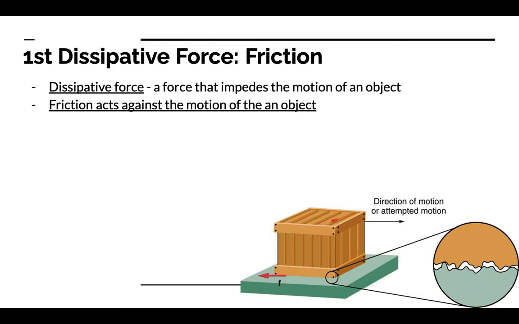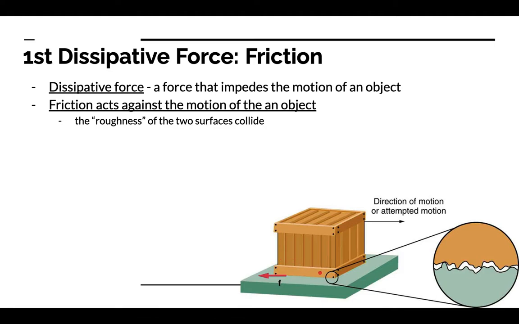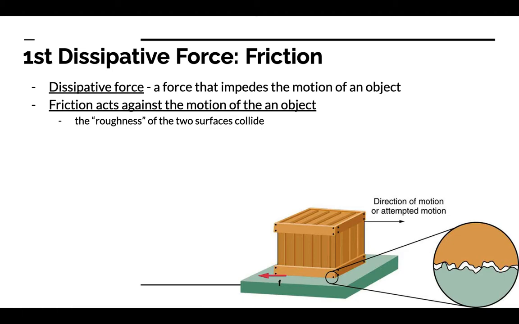For example, if we push or attempt to push our crate here to the right, friction will act to the left in the opposite direction. What causes friction to act against the motion of an object is the roughness of the two surfaces colliding. Even though surfaces can seem smooth, if we zoom in real close on these surfaces, they have ridges and bumps and all sorts of unsmooth features to them.